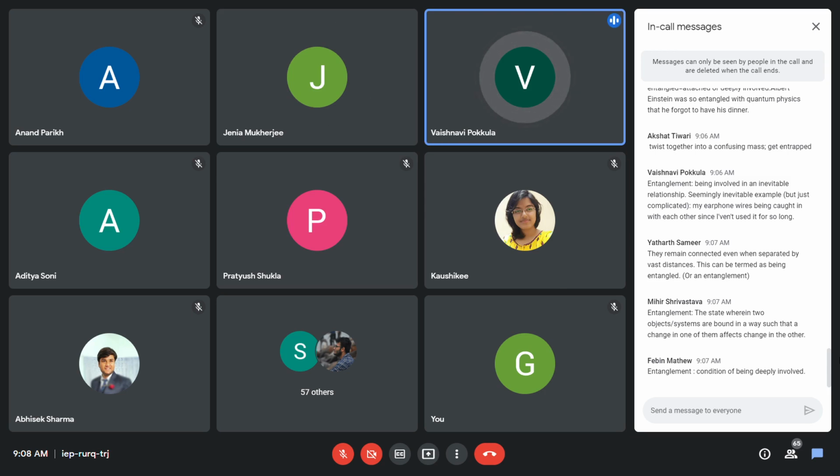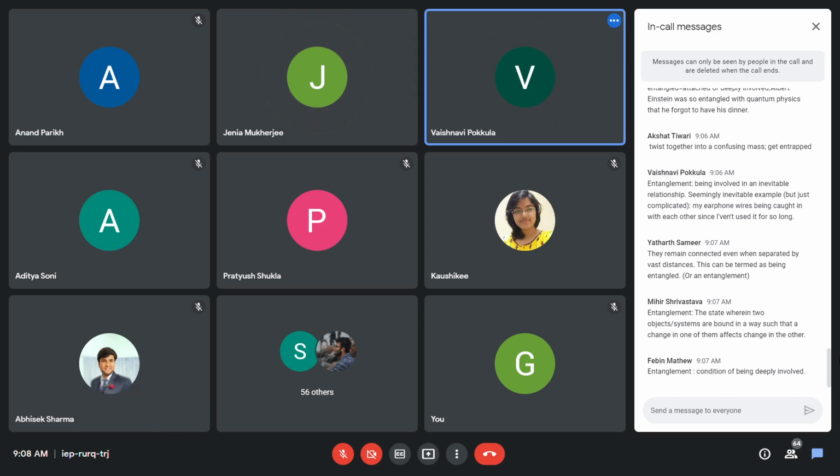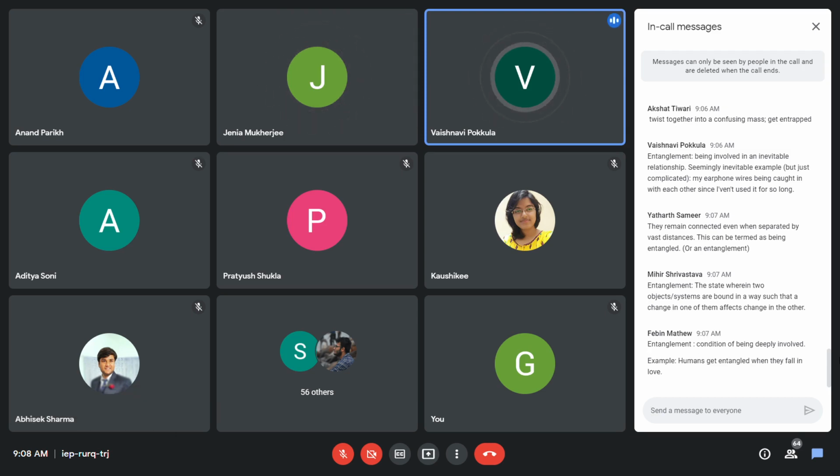Yes, ma'am. I couldn't think of an inevitable example in normal real life except the human and environment. No, but that's connectivity, fine. But just make me understand. So I thought of a normal daily example: earphone wires, right, ma'am? There are two wires for each ear, so they get entangled with each other and form knots, multiple knots.